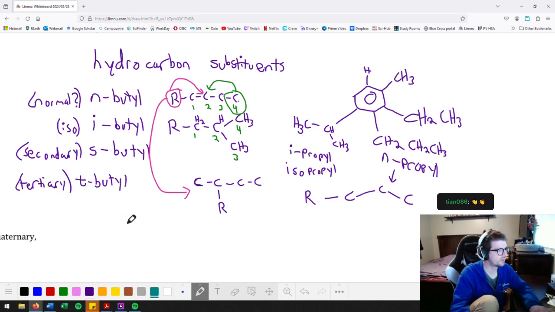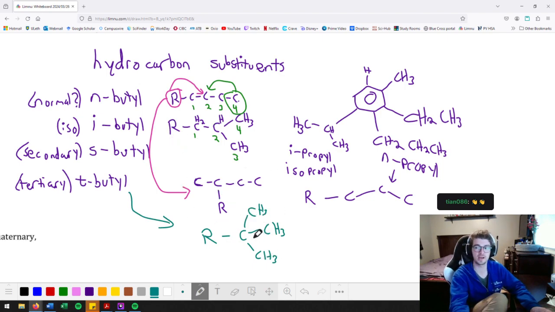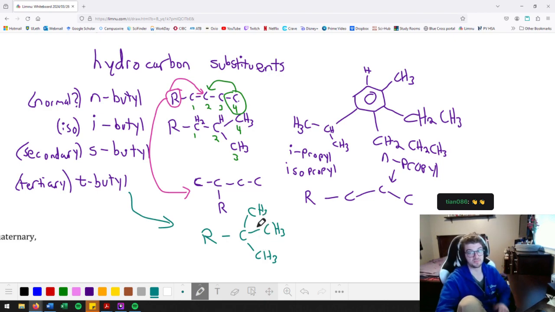And what this looks like is something very much like this, where you have 3 methyl groups coming off of that central carbon. And yeah, so in all of these cases, C4H9 is just the formula for a butyl group, and these are all the ways that you can arrange that.